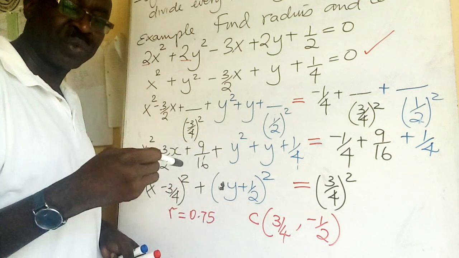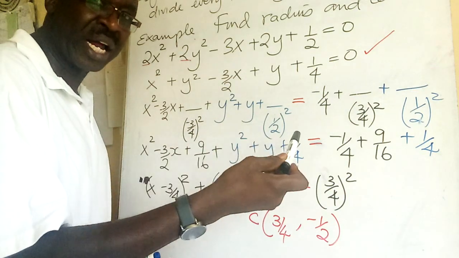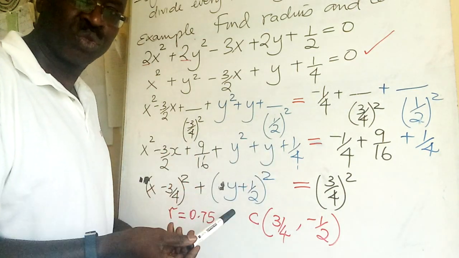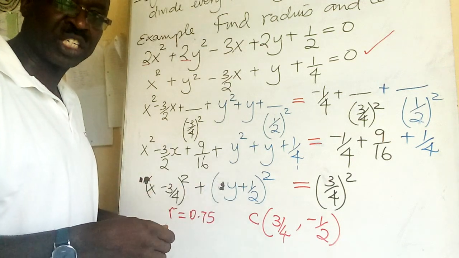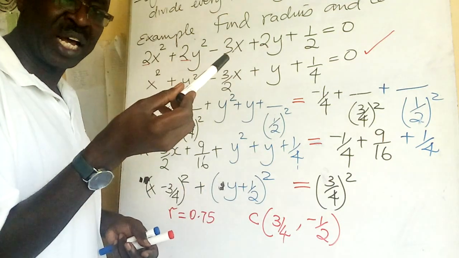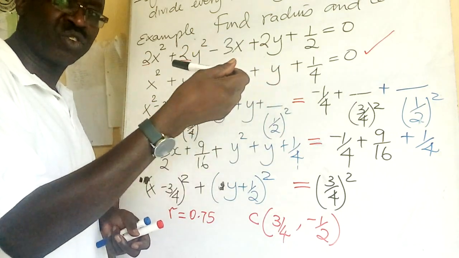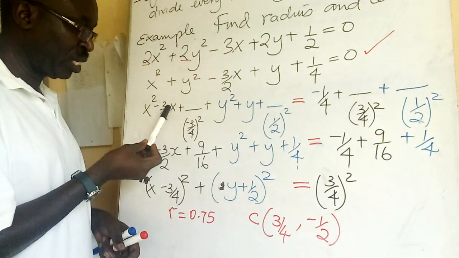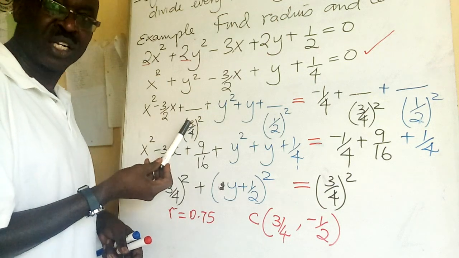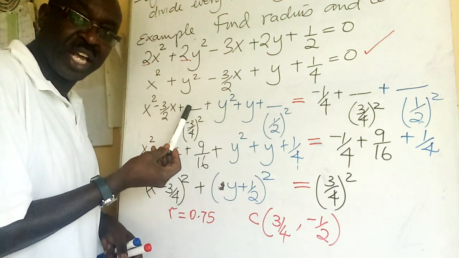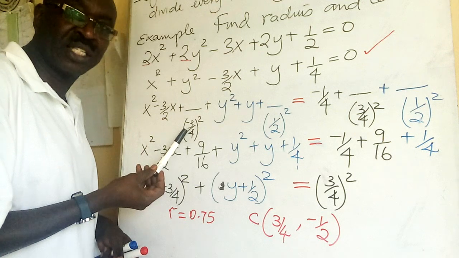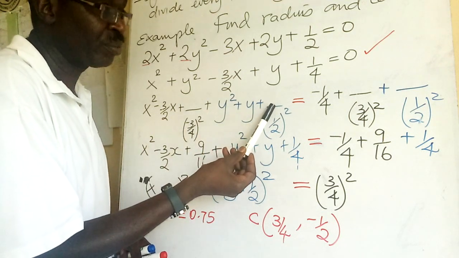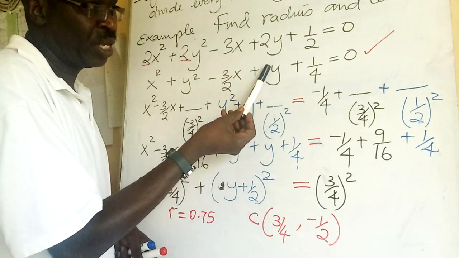Why? When we expand, we normally multiply by 2. So we are reversing the process. When you multiply and now you want to reverse, you divide by 2. So this divided by 2 gives you that. So I'm showing you what will go here. This is the process. Then here is 1.